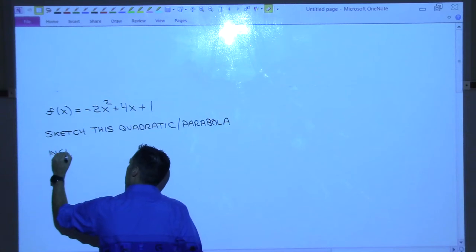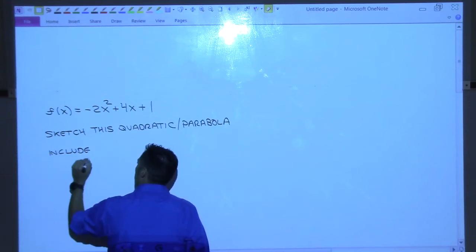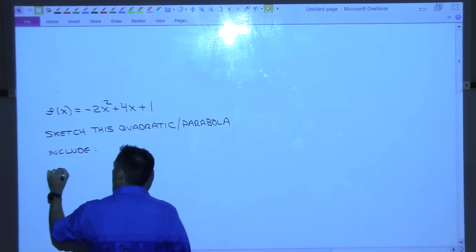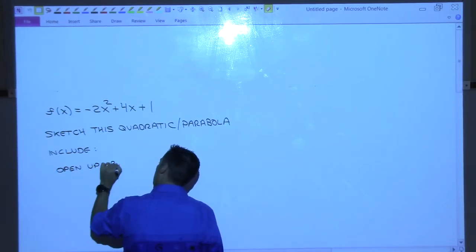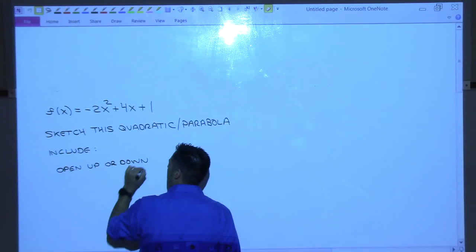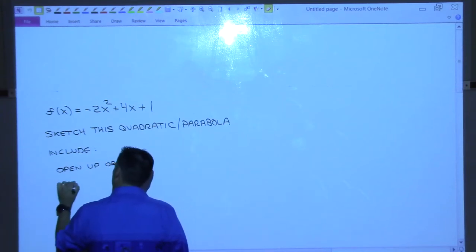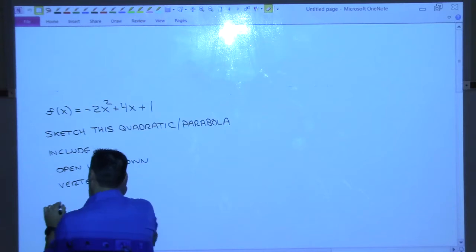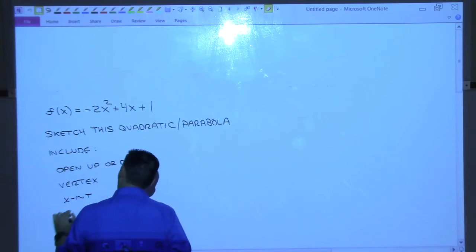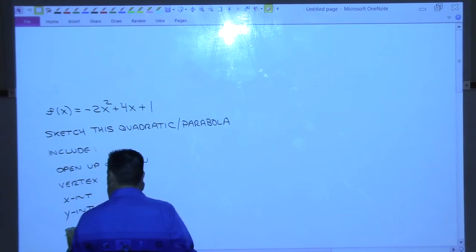Include: does it open up or down? So I want you to tell me if it opens up or down. I want to know what the vertex is. I want to know the x-intercepts. I want to know the y-intercept. And then I want to sketch, okay?